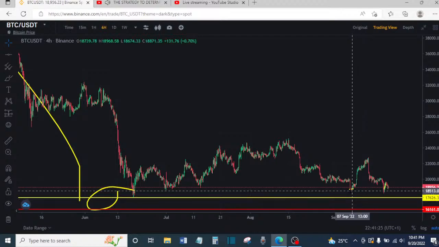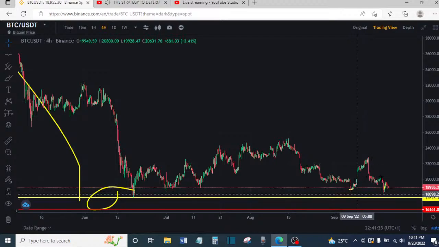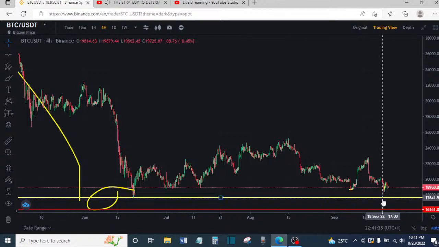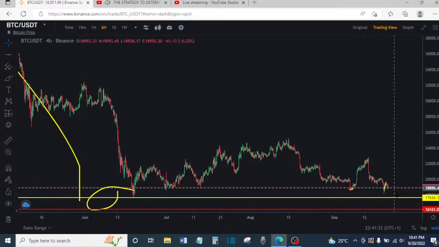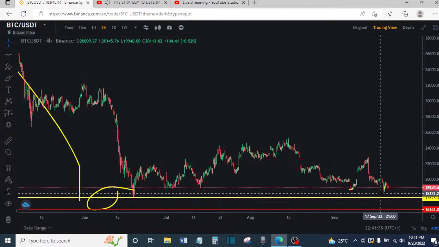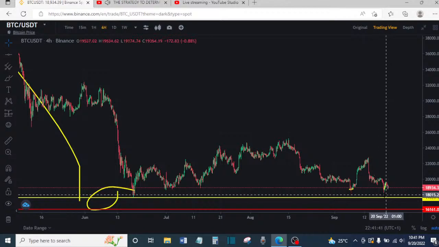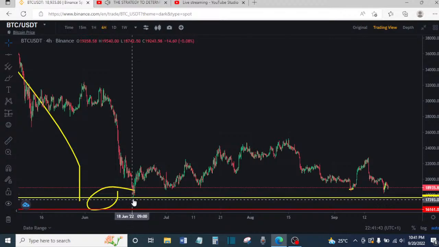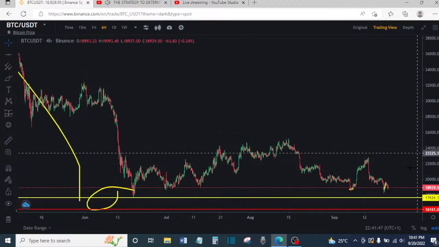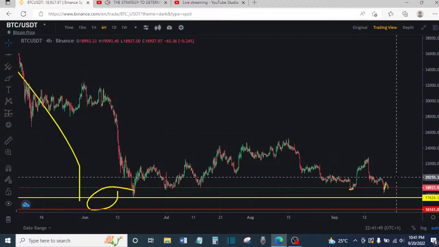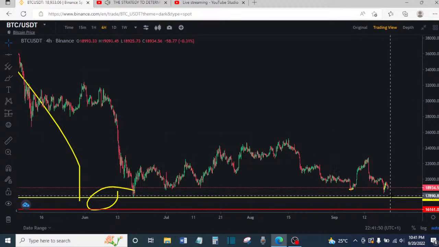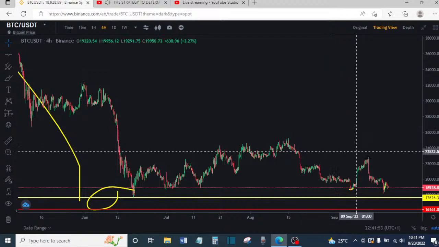Price could not take it out, formed a miss, retraced, came back down again, formed another miss, retraced. Then I expect price to take it out. After that, price will have taken out both the miss and the stop that created the miss, so I can then expect price to go up. That is the explanation I can give you for now.